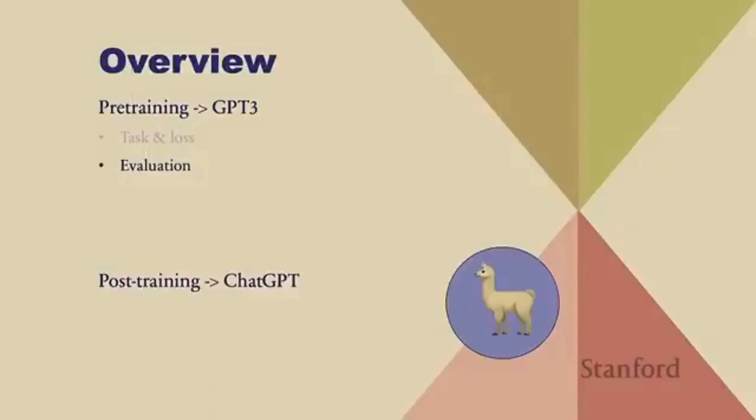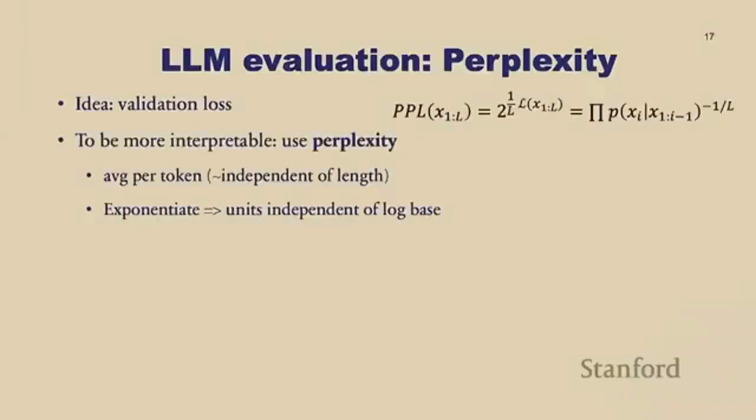Great. So we talked about the task, the loss, and the tokenizer. Let's talk a little bit about evaluation. The way that LLMs are usually evaluated is using what we call perplexity. At a high level, it's basically just your validation loss. The slight difference is that we use something slightly more interpretable: we take the average per-token loss and then exponentiate it. The reason you exponentiate is that the loss has a log inside, and one, humans are pretty bad at thinking in log space, but two, logs depend on the base of the log.